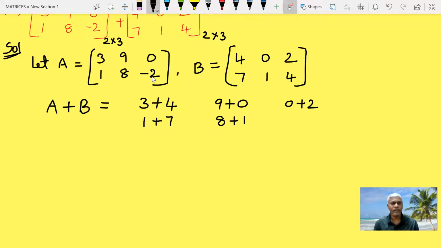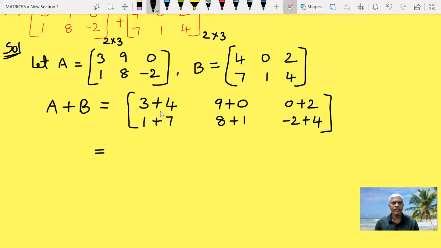And the third element in the second row is minus 2, and corresponding to minus 2 is 4 in the second matrix. So this is how we do the addition of matrices: the sum of the corresponding elements in both the matrices.